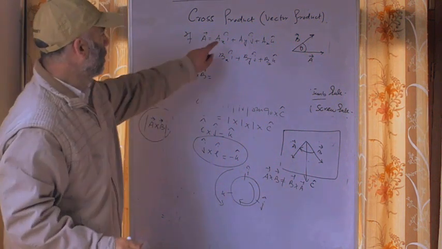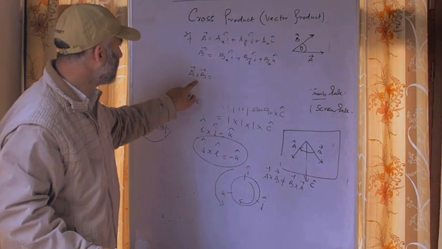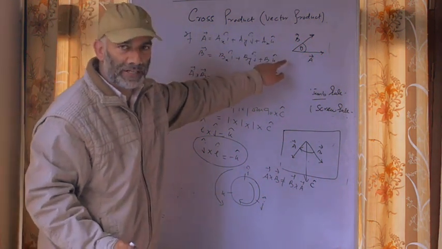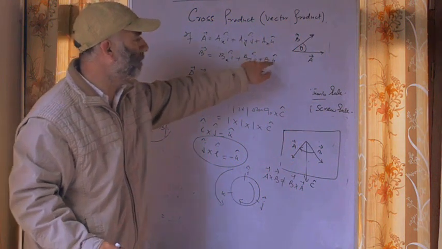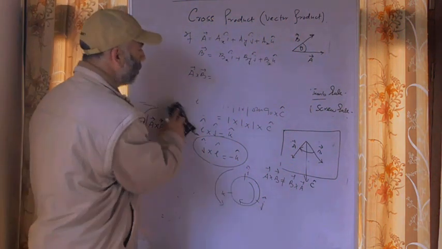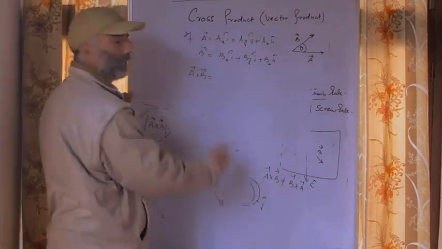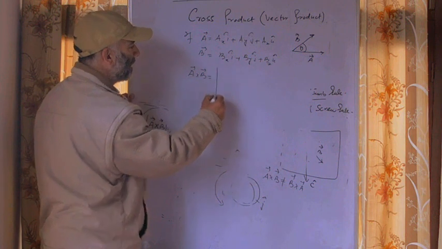Take the components of vector A, then cross with the components of the second vector B, where Bx, By and Bz are the components of vector B. There is a simple technique which you will use in your future classes and future questions also.